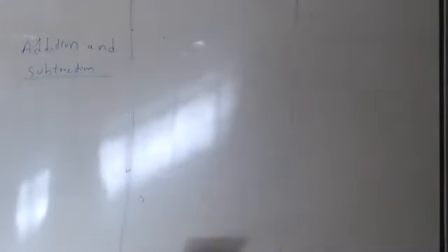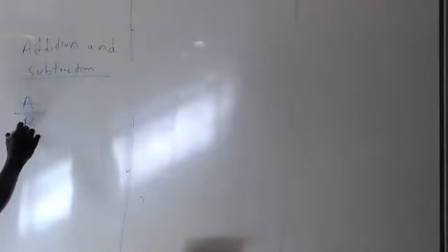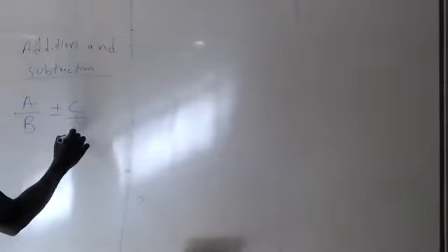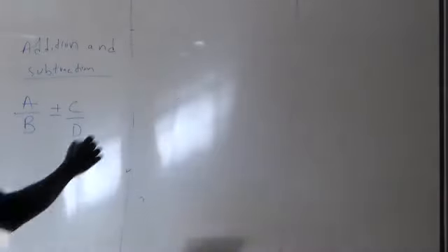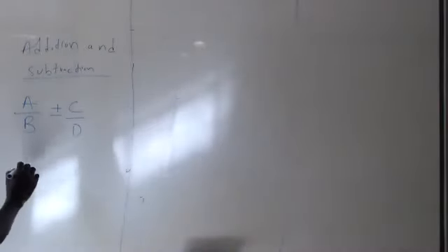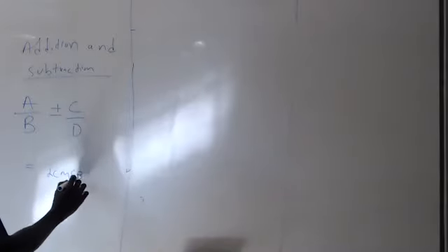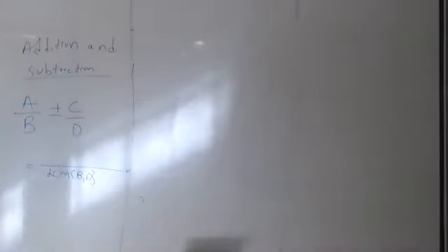So in general, if you have two expressions, a divided by b plus or minus c divided by d, you'll proceed as you normally do with fractions, find the LCM. So this should be the LCM of b and d as your common denominator.